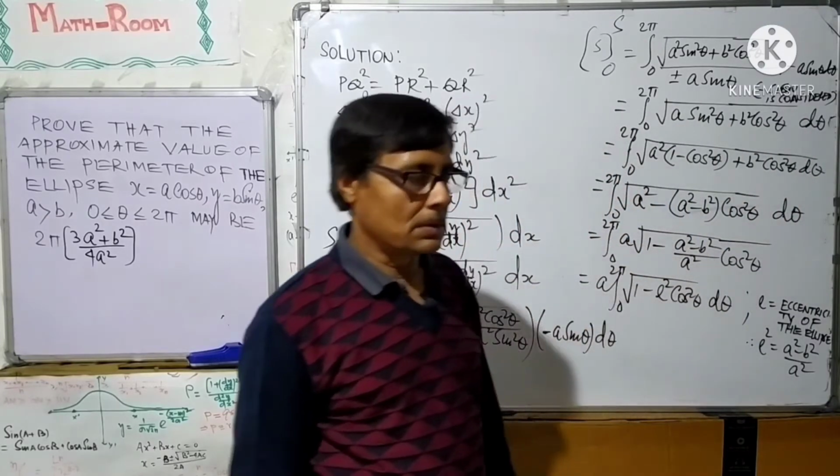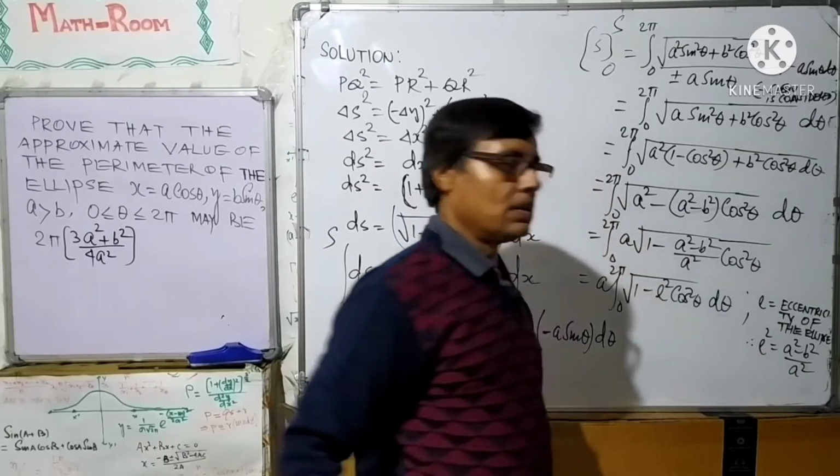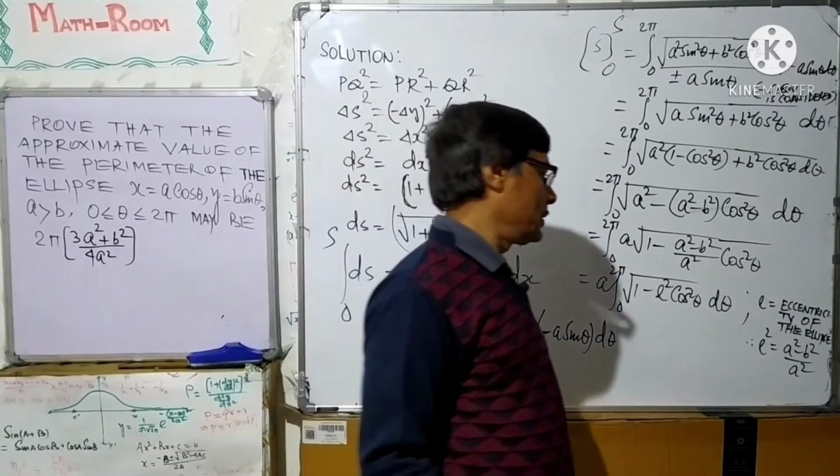This is the eccentricity whose square is equal to a square minus b square over a square.